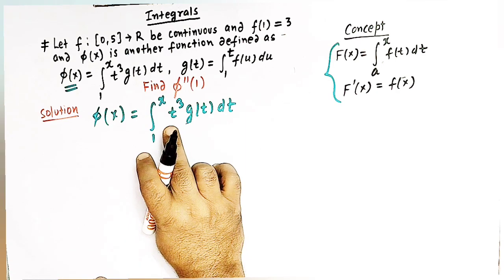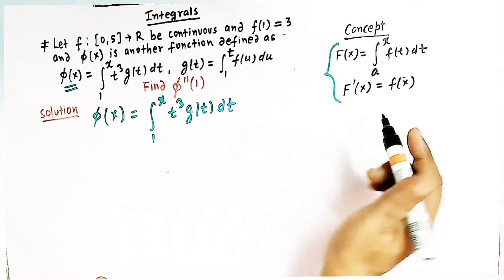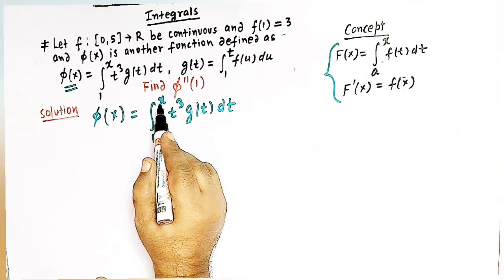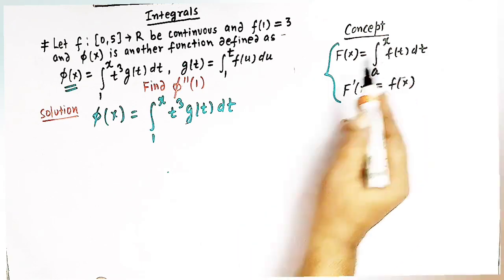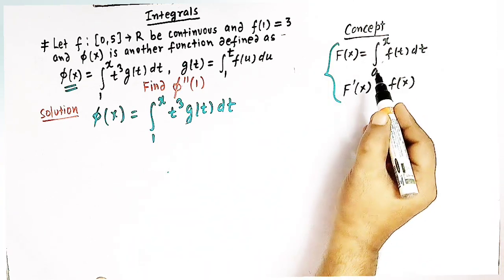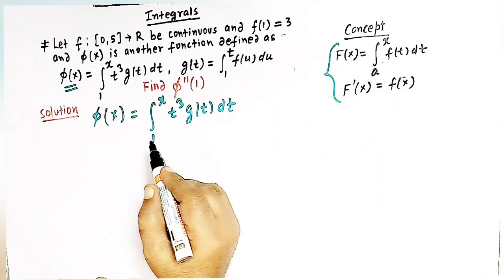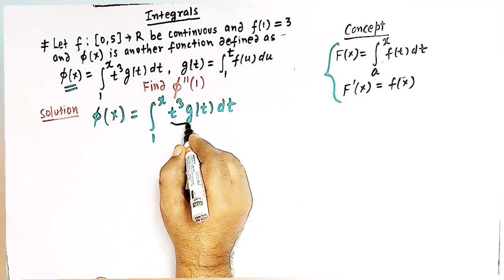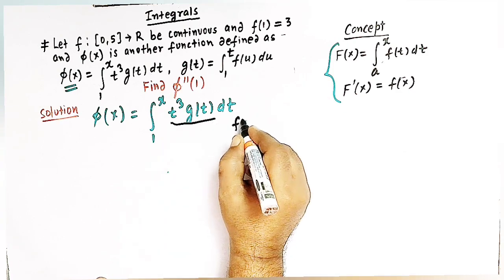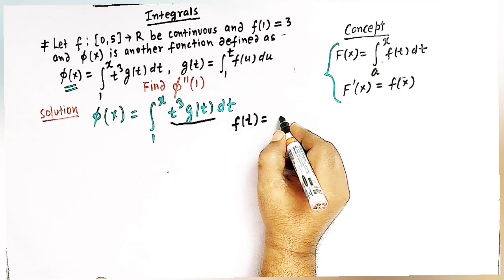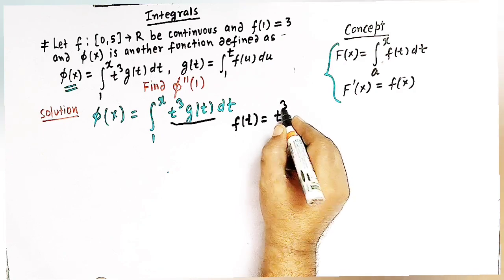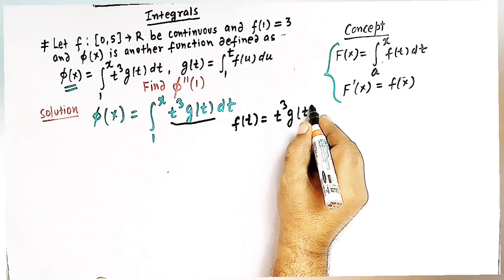So now let us compare this integral with this one. Here we have x, here also we have x, and here we have 1, here we have a. So a can be taken as 1, and this function can be taken as f of t. So f of t is t cube g of t.